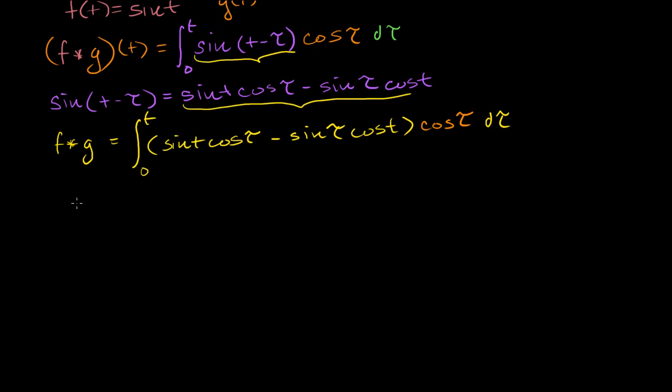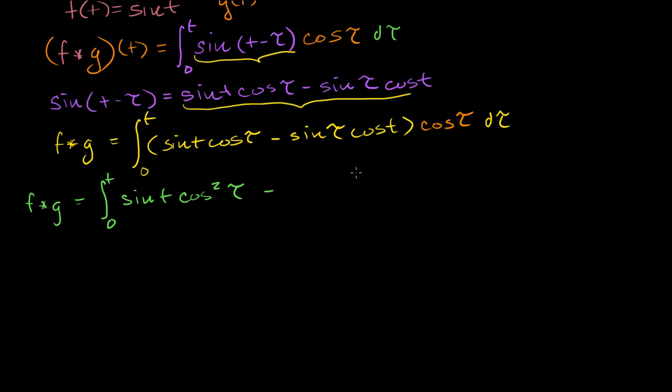We get, f convoluted with g, I guess called f star g, is equal to the integral from 0 to t of sine of t times cosine of tau times cosine of tau. I'm just distributing this cosine of tau. So it's cosine squared of tau.